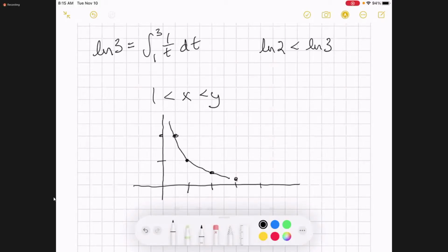I'll put one more on there. Okay, there's 1 over t again. If I take 1, and if I take x here and say y there, then ln of x is the integral from 1 to x of 1 over t dt. And let's shade that region in. That's an area.